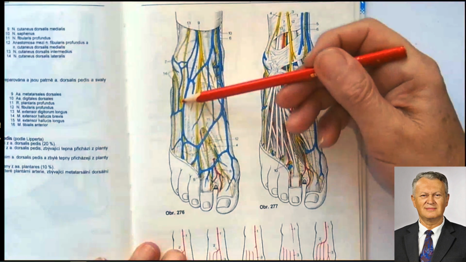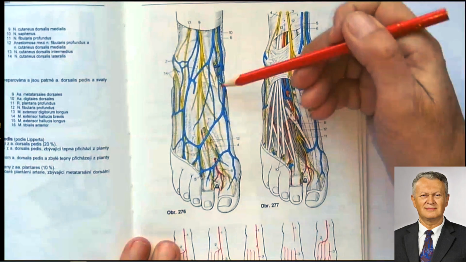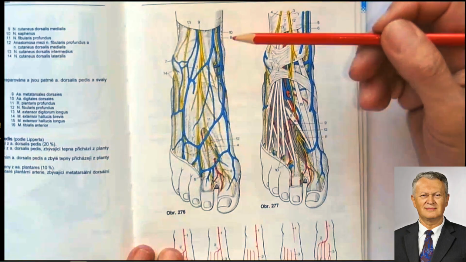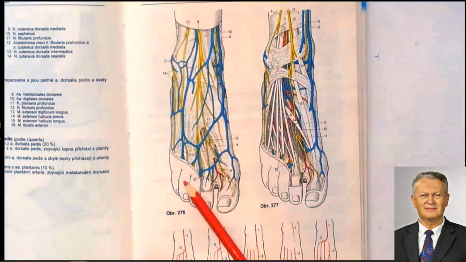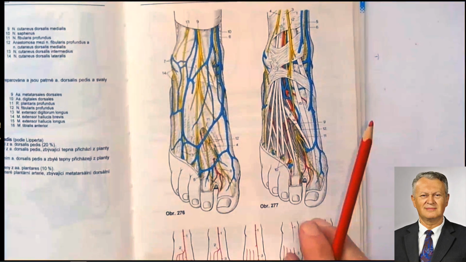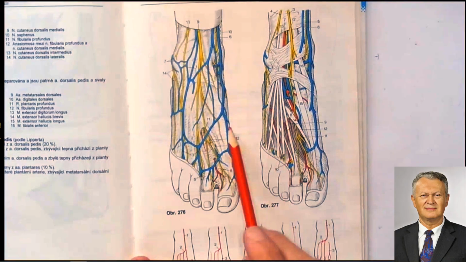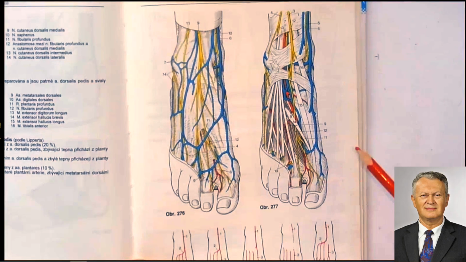First of all, in the key position, surgically important is the great saphenous vein on the medial side, but you see it forms very irregularly the arches. We call it rete venosum dorsale pedis. Rete means network of the veins on the dorsum of the foot.